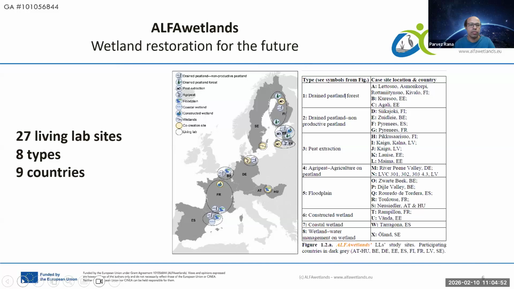You can see in the figure that our living lab sites are from all over Europe, and however they have different site types. Some of them are focused on peatland forest, some of them are non-productive, some of them are peat extraction sites, some of them are also floodplain or coastal wetland. So different kinds of wetland, and we have almost 9 countries.